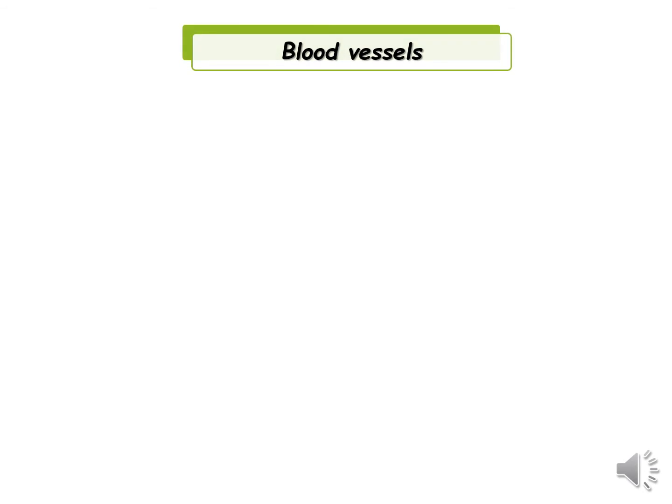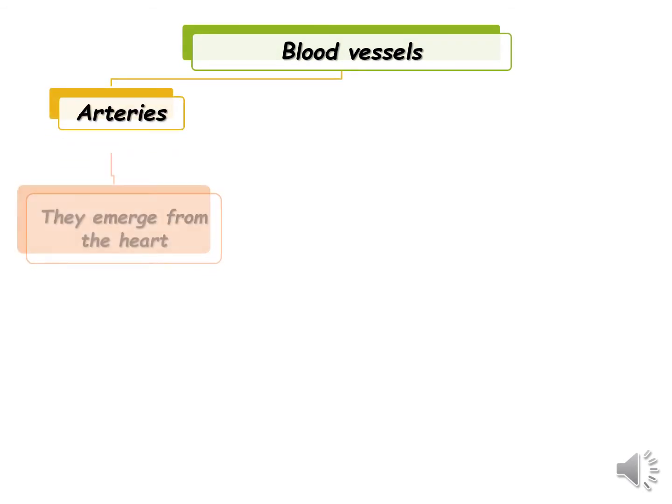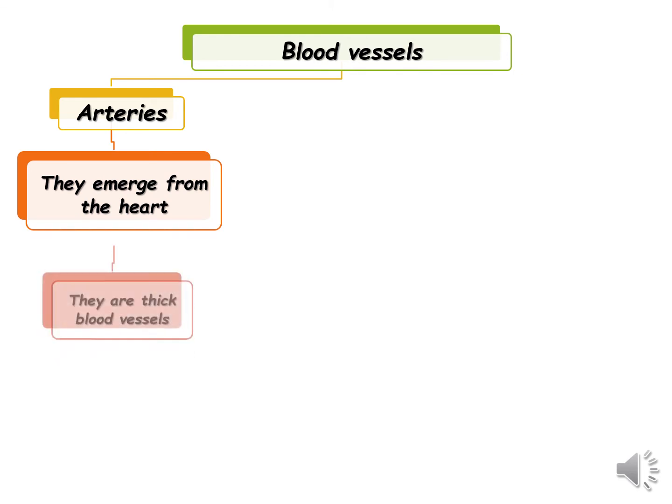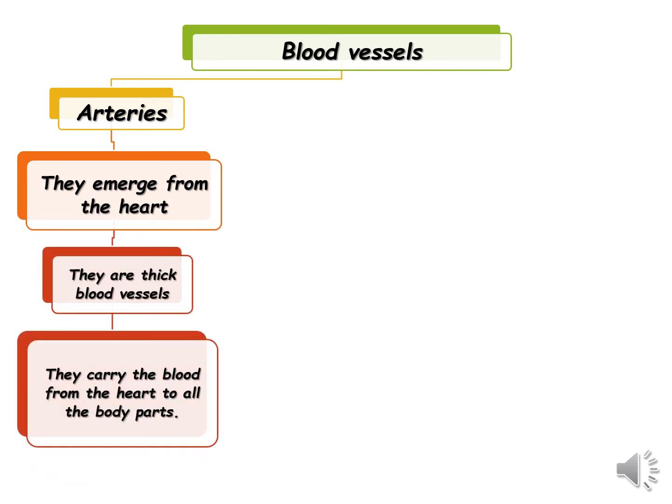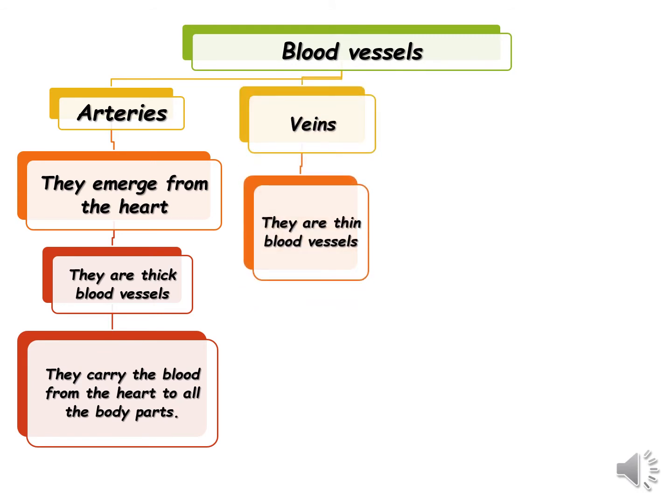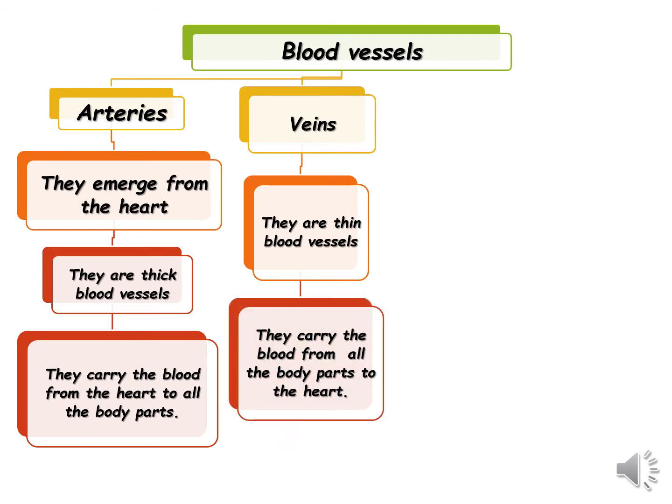Types of blood vessels. Arteries emerge from the heart. They are thick and carry blood from the heart to all body cells. Veins are thin. They carry blood from all body cells to the heart.